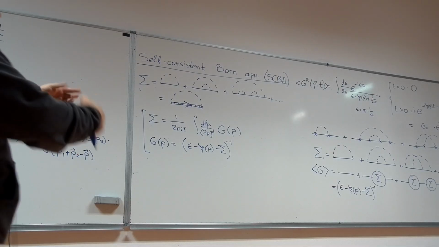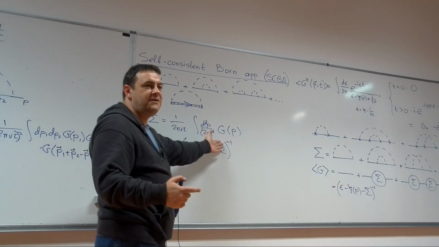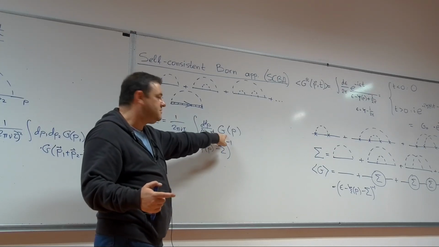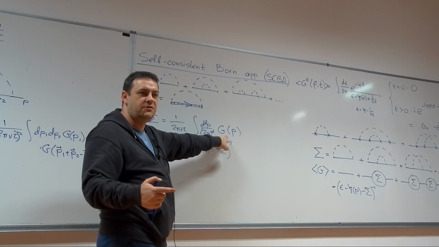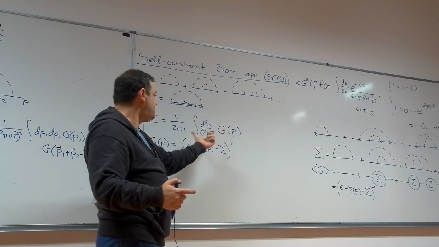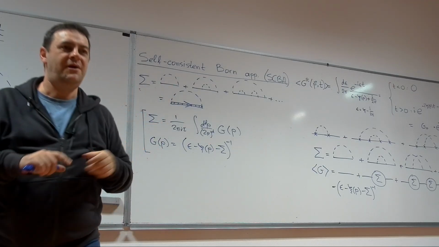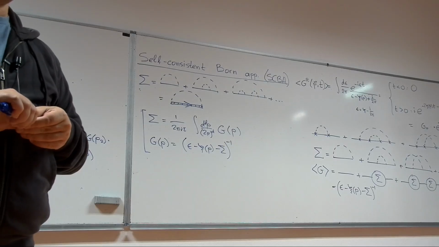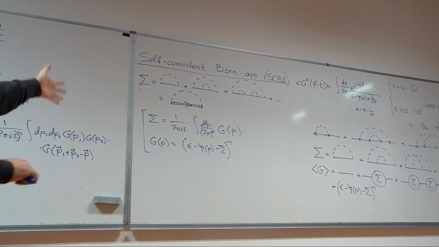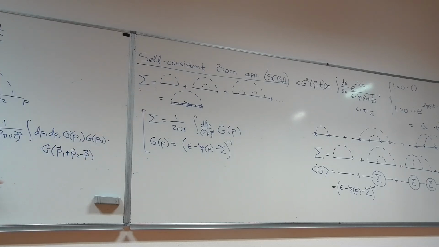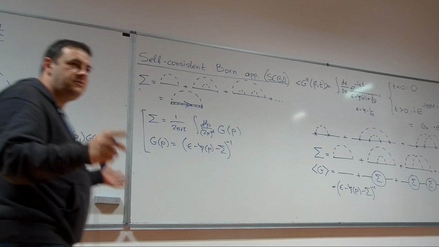And it's like the Born approximation. Sigma is exactly like in the Born approximation, just instead of G0, I put the full G here. That's why it's called self-consistent. It's like a Born, but it should be solved self-consistently for G and sigma. And once again, this includes all diagrams which do not have any crossing of the dashed lines, and we have shown more or less that these crossings give some small corrections, so neglecting them is a well-defined approximation.